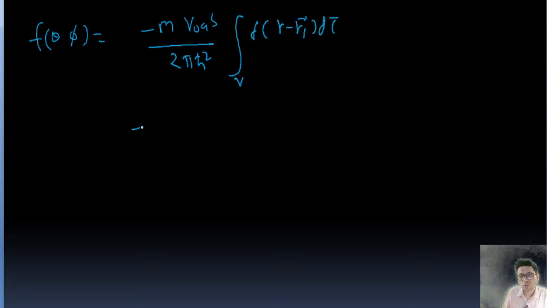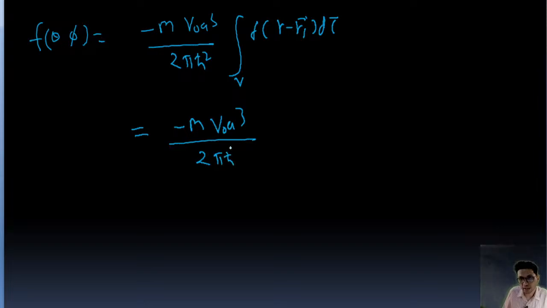In Dirac delta function, we know the integration of del r minus ri beta equals 1. But there are 8 vertices in a cube.